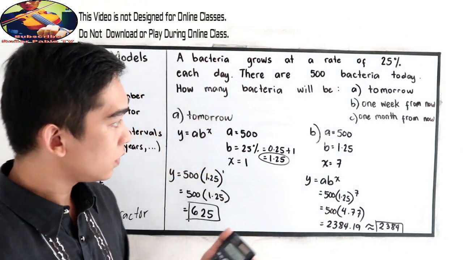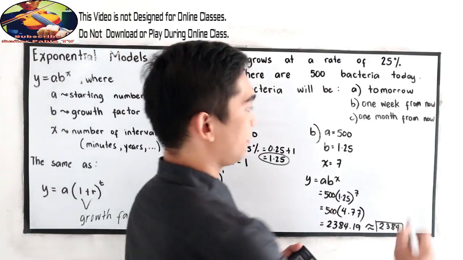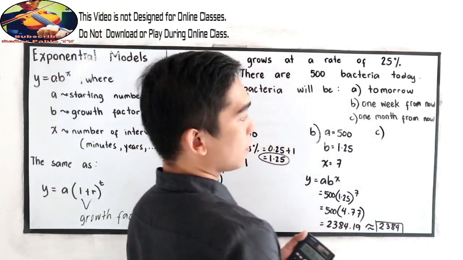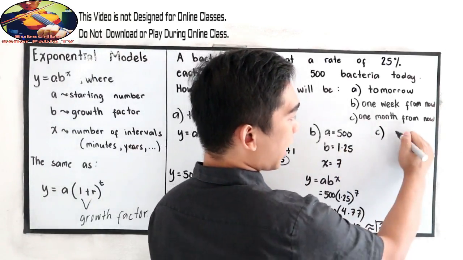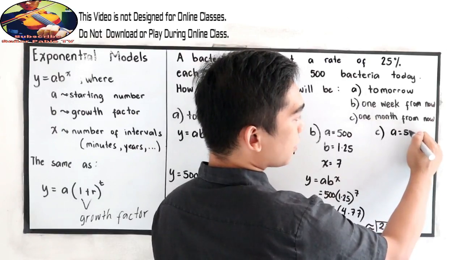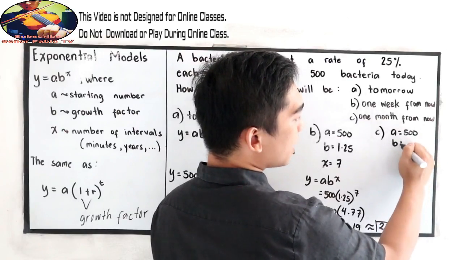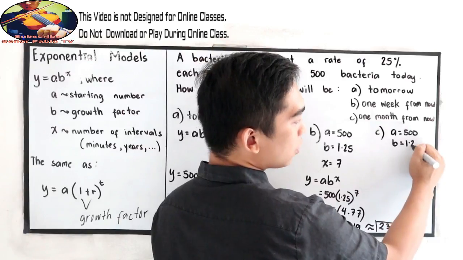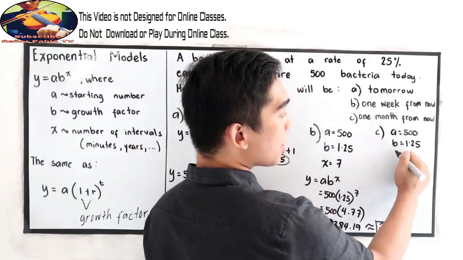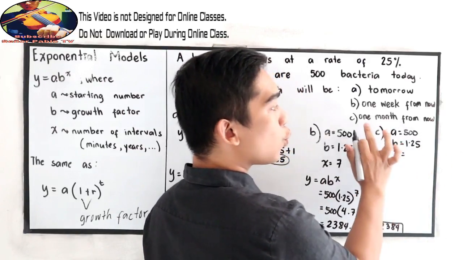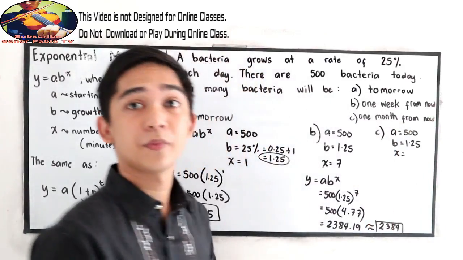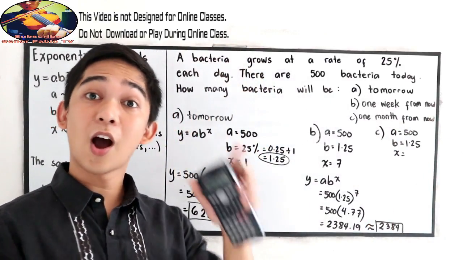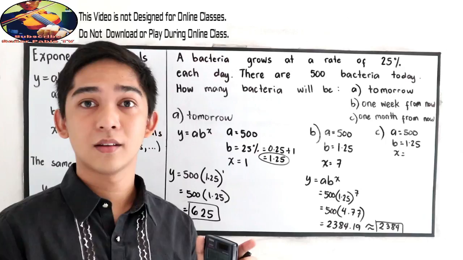Next, letter C. Our A is 500. Our B is 1.25. And our X is 1 month from now. How many days in a month?